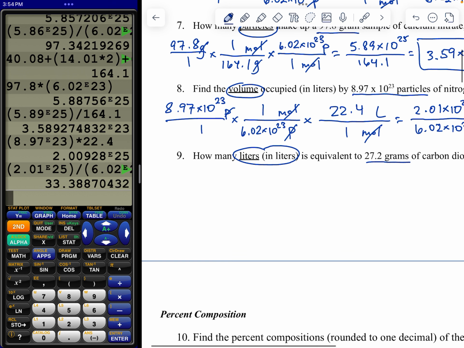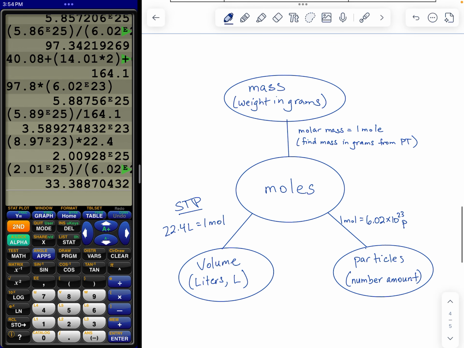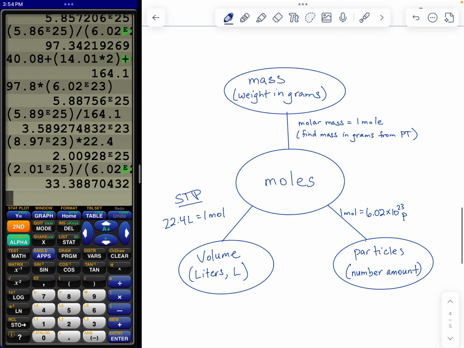So we start with what we're given, 27.2 grams over 1. And then identify that on the mole bridge or mole map here, we see that we are given grams, right? And so we want to get to volume similar to before.